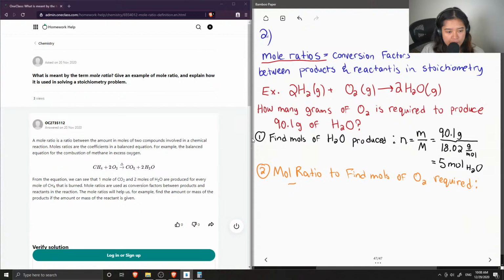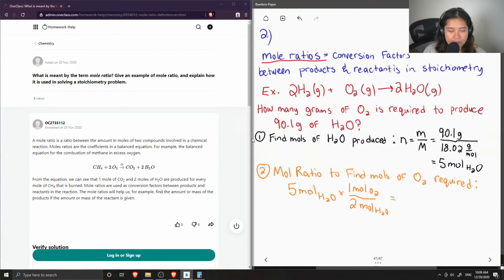So if we wanted to produce 5 moles of water, this is when we would look at our balanced chemical equation, and you'll notice that 1 mole of oxygen is needed to produce 2 moles of water.